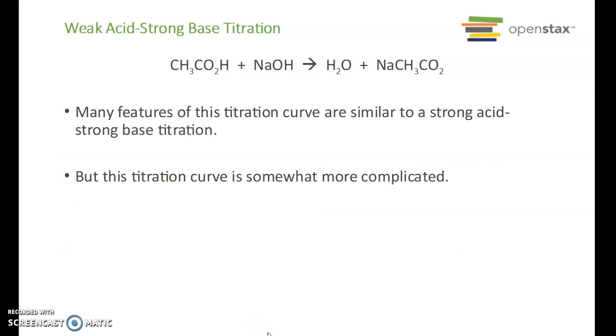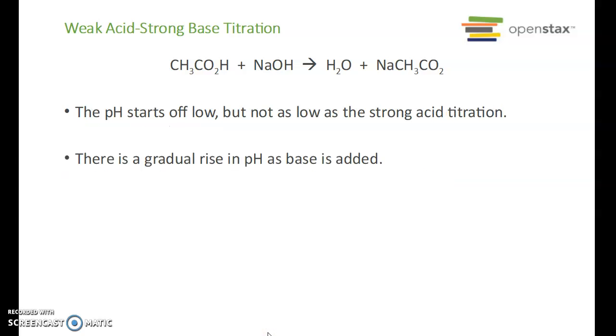So in a weak acid, strong base titration, instead, for example, in this case, we have the acetic acid plus sodium hydroxide forming the sodium acetate and water. Many features of the titration curve are similar, but the titration curve is a bit more complex. It's going to start off slow and not as low as a strong acid titration.